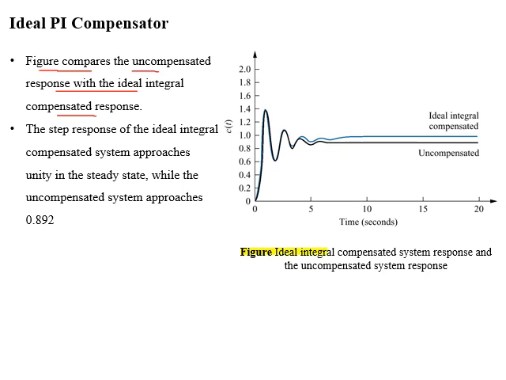The step response of the ideal integral compensated system approaches unity in the steady state, while the step response of the uncompensated system approaches a final value of 0.892 in the steady state, which means that a constant or finite steady state error will exist between input and output.